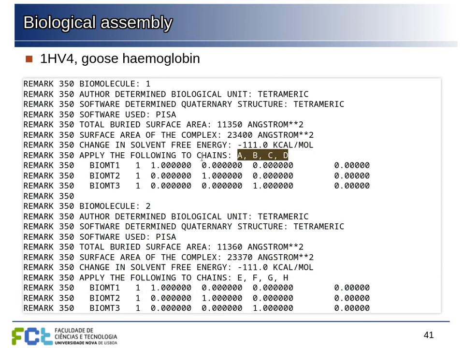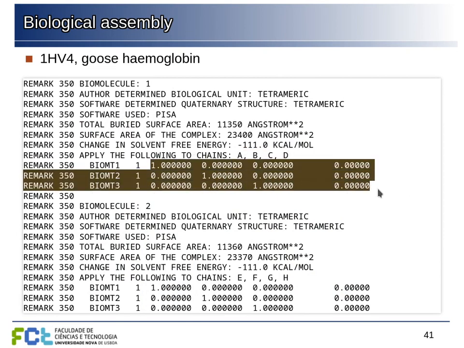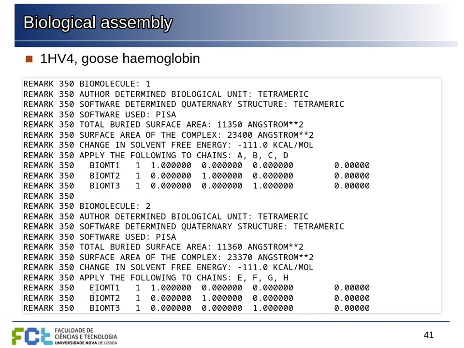So the first 4 chains, we apply the identity transformation. Note that there is no translation and no rotation. This is the identity matrix. And then to obtain biomolecule 2, we also apply this identity transformation, but to the other 4 chains. So basically, this is giving us the information that we have in the PDB file 2 different biological units, one composed of the first 4 chains and the other of the following 4 chains.